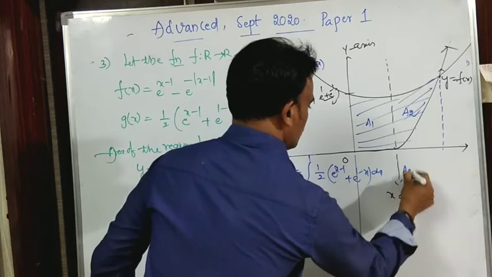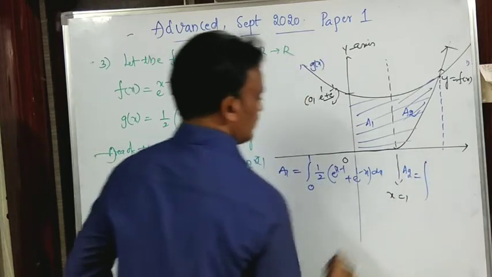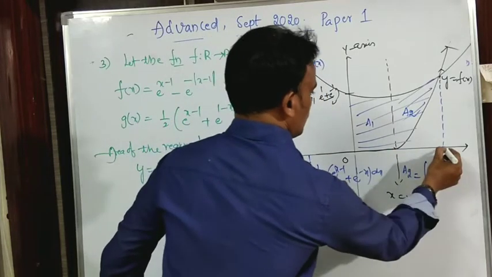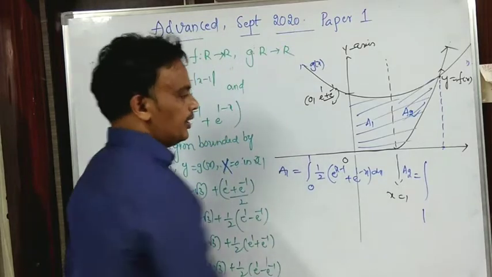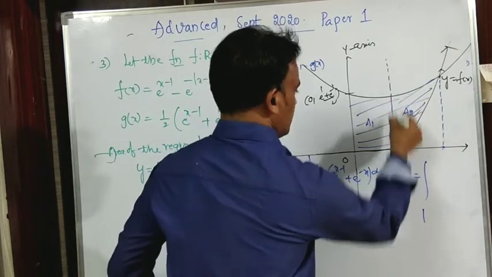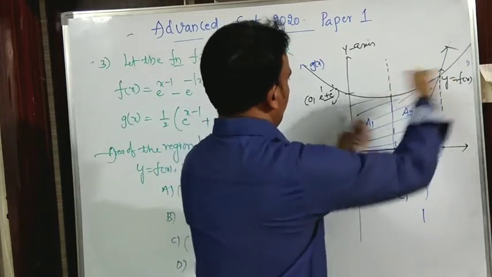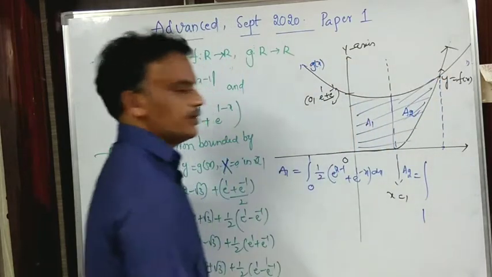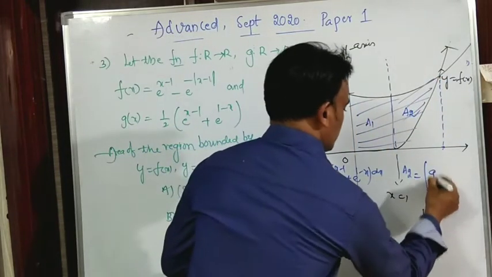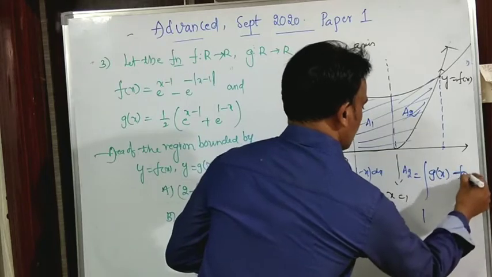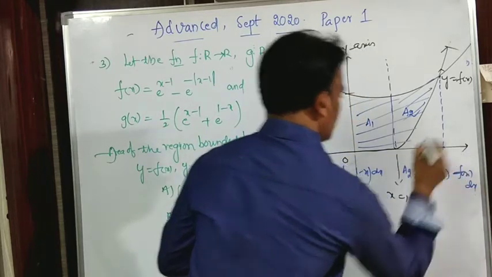And then what about a2? It is the integration from 1 to some point. In this second part, a2, the upper curve is g of x and the lower curve is f of x, so I write g of x minus f of x dx. Then what is the point?